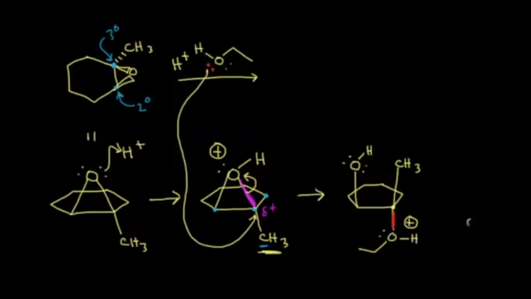This one's going to act as a base. So I go ahead and draw another molecule of ethanol, and it has lone pairs of electrons on it. One of those lone pairs of electrons is going to pick up that proton, which kicks these 2 electrons off onto this oxygen, and we're going to end up with our product. So let's go ahead and draw the product right up here. And like usual, we're going to be looking down on our molecule this way.